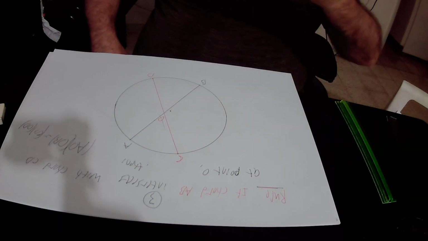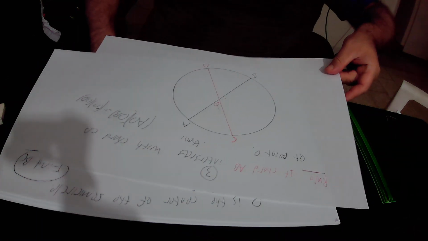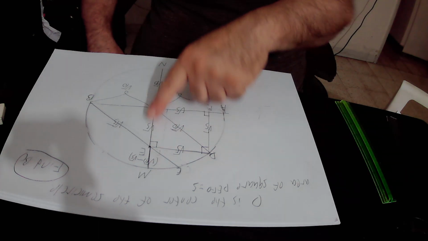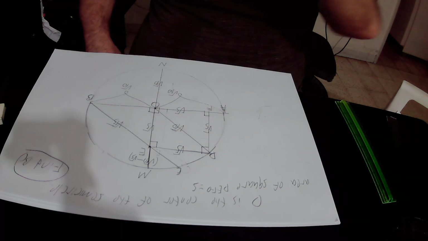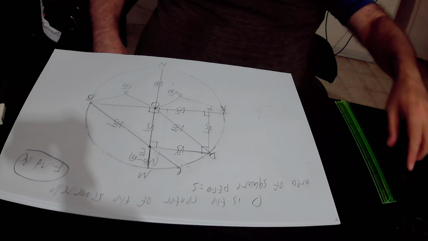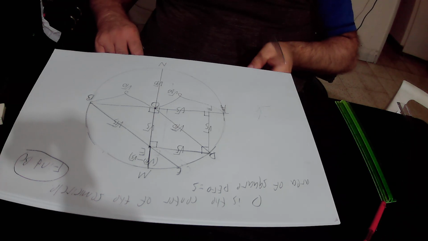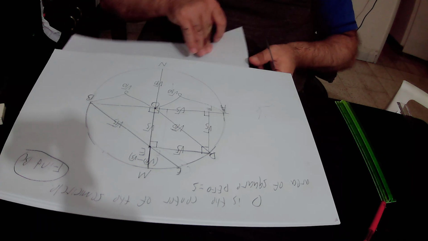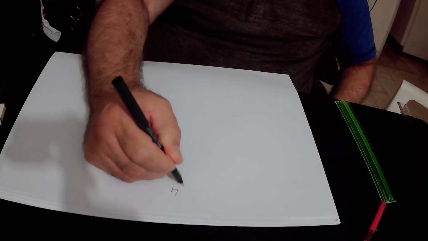We can implement this new rule in our drawing. Why? Because in our drawing we have chord MN that intersects with chord CB at point E. So I draw the drawing again in order to see exactly the two chords that intersect with each other.